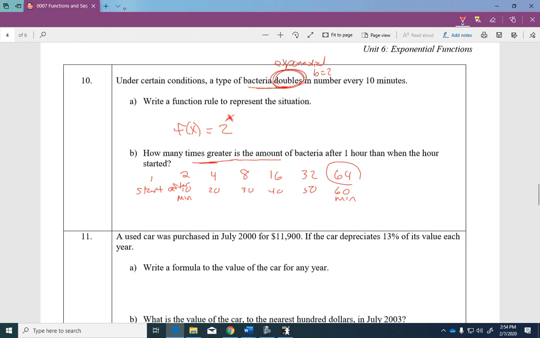So there's 64 after 1 hour. Then when the hour started, at the start there was 1. How many times greater is 64 than 1? Oh, it's 64 times greater. And like I said, really no matter how much bacteria you started with, after an hour, it's always 64 times greater.